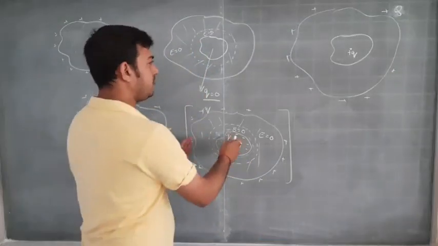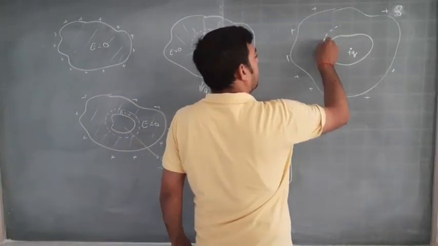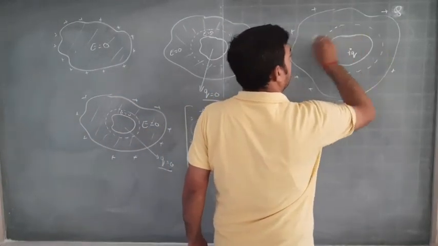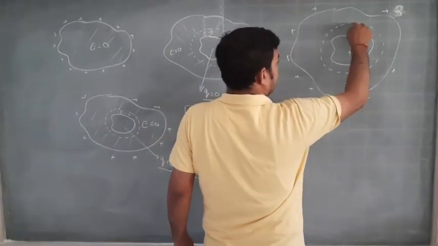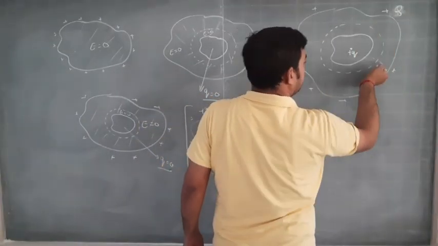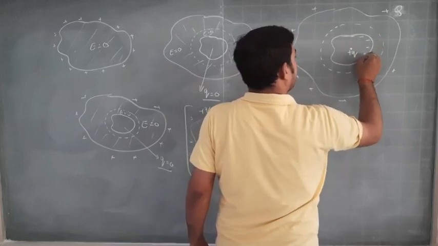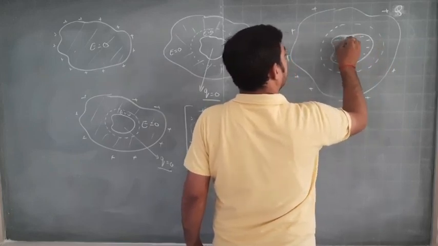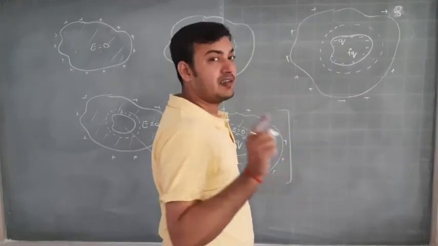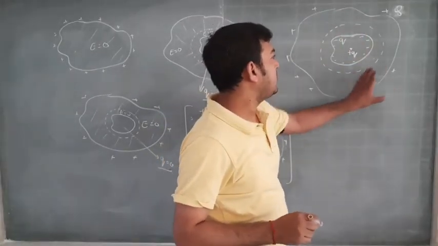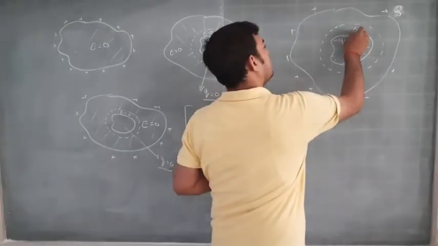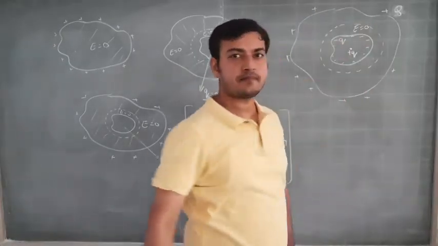Just like the previous situation, to apply the Gauss theorem and to meet the conditions of electrostatics, the net charge inside this Gaussian surface must be 0, and to meet that condition we need to introduce an equal amount of negative charge on the inner surface. Now the total charge inside this Gaussian surface is 0, which means the field is 0 here.